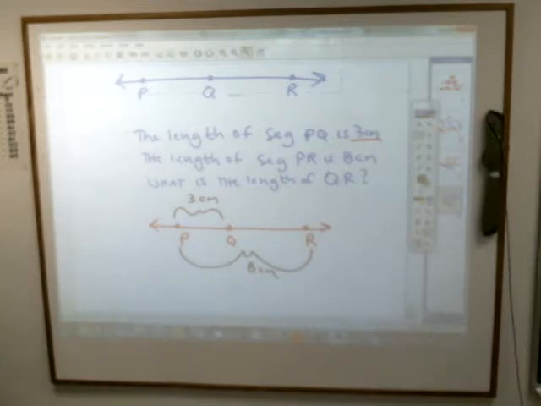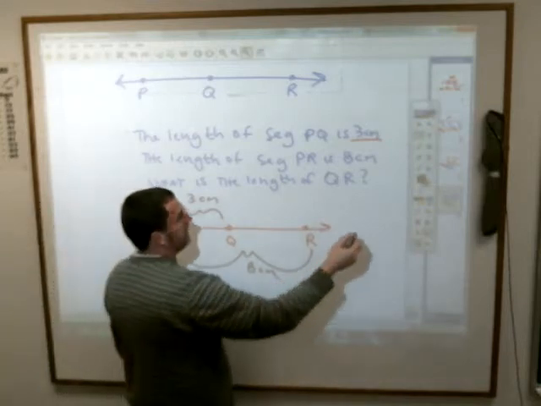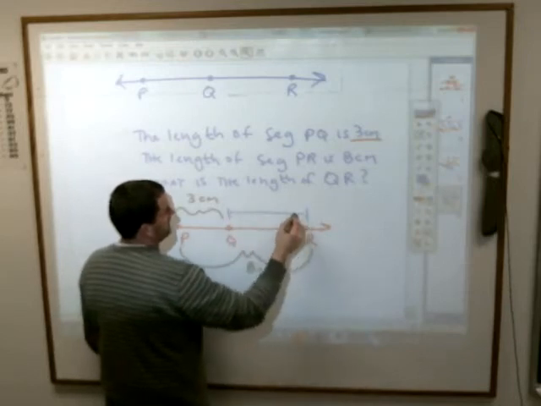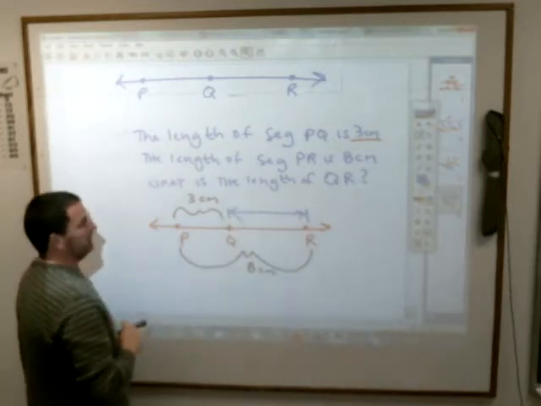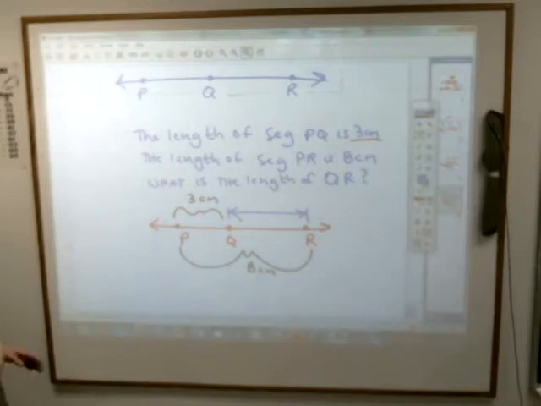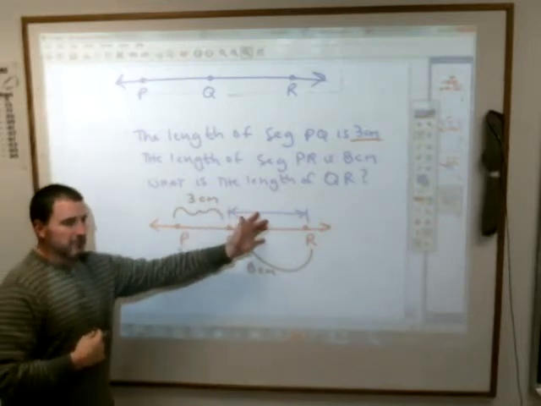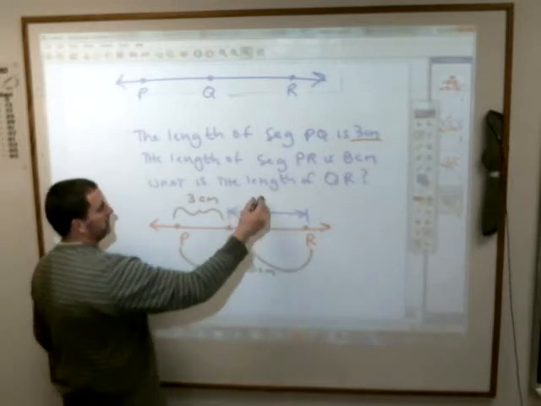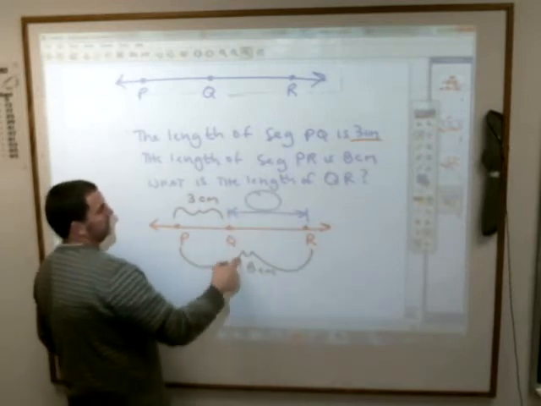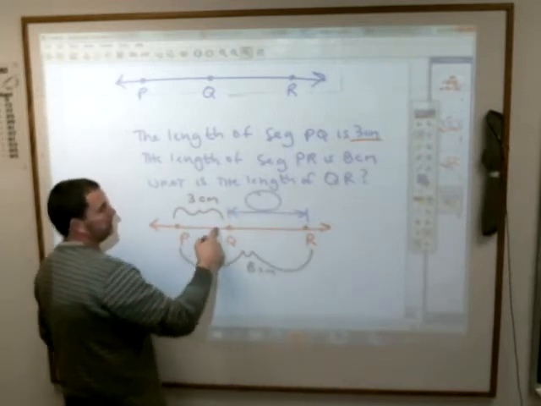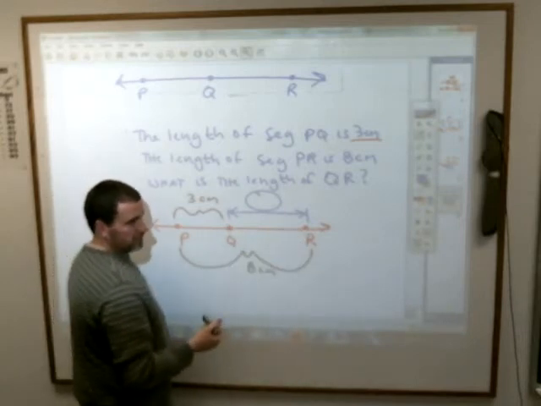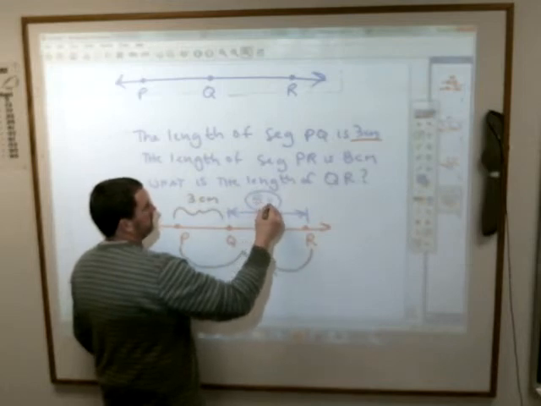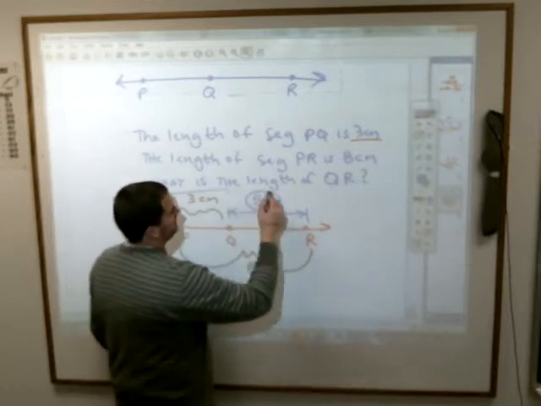And they want to know how far it is from Q to R. How long is QR? Obviously 11 is not the right answer because 11 will be a lot longer than everything that's there. If it's 8 all the way, 3 from here to here, this piece has to be how much? Yeah, 5 centimeters.